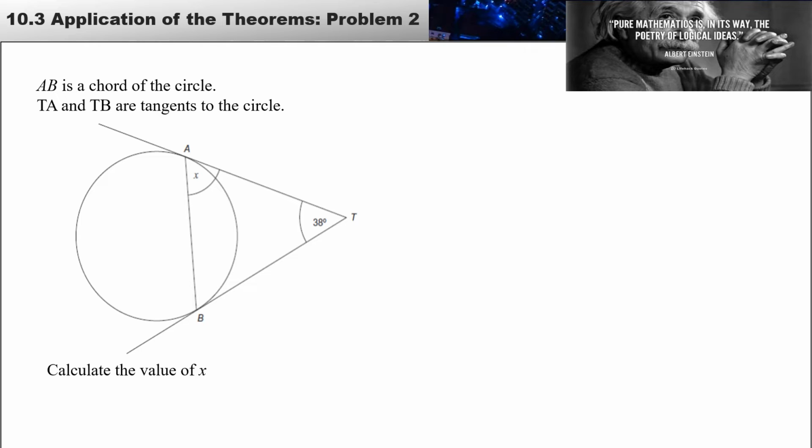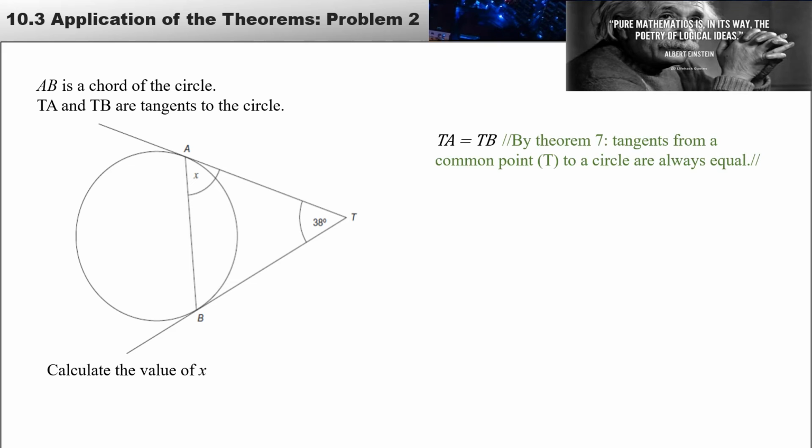Okay, so first thing is TA is equal to TB. I know that based on theorem 7, because the tangents from a common point T, in this case, to a circle are always equal. So the common point here, T, forms these tangents TA and TB, and based on theorem 7, those two are equal. But how does that help me pursue the solution to the question? Well, I know now that triangle ABT is isosceles, right?